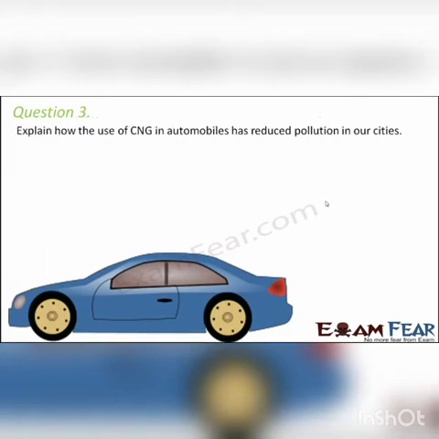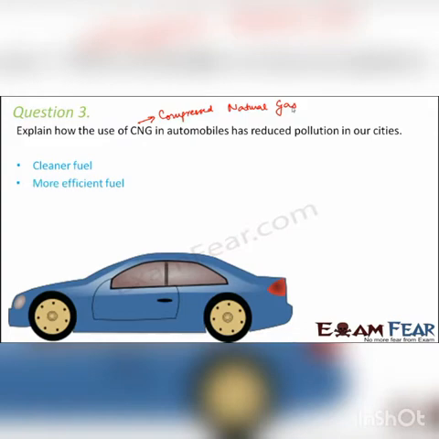Question number 3. Explain how use of CNG in automobiles has reduced pollution in our cities. CNG is nothing but compressed natural gas. So CNG is comparatively a cleaner fuel when compared to petrol or diesel. So it is a cleaner fuel in terms of it is very efficient because it leaves very less residue when it is completely burnt.